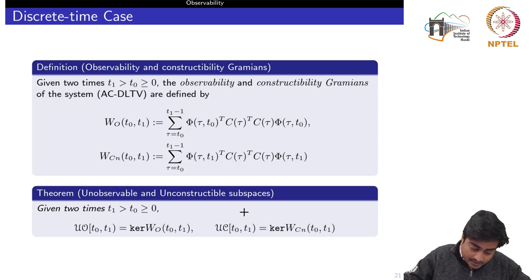The Gramians remain the same, with just the summation appearing instead of the integration, and the time is an integer instead of a real number. So this is the observability Gramian, and this is the controllability Gramian, and the key results which characterize these subspaces in terms of the Gramian remain the same. Also the derivation remains the same, so we won't go into the derivation of these results.